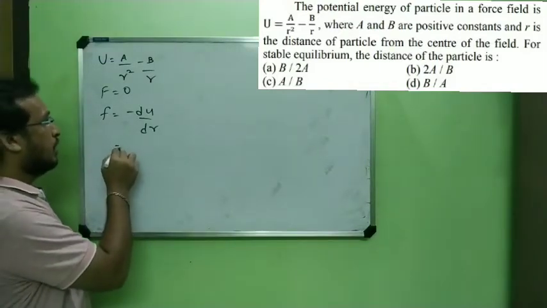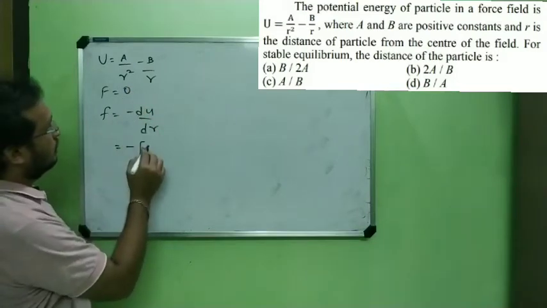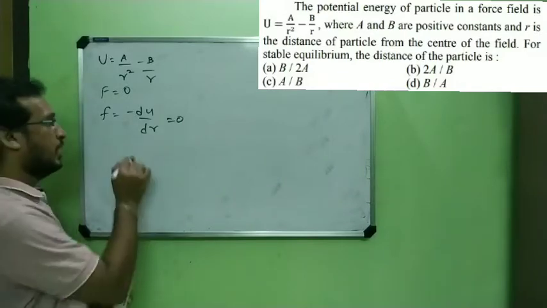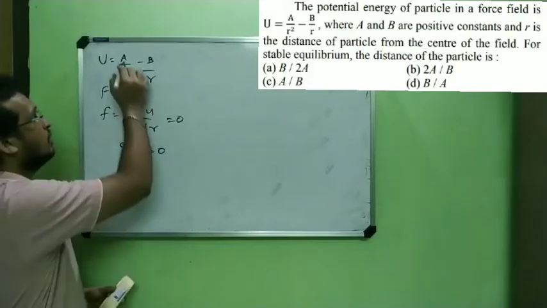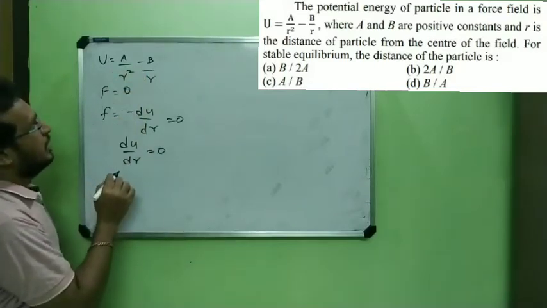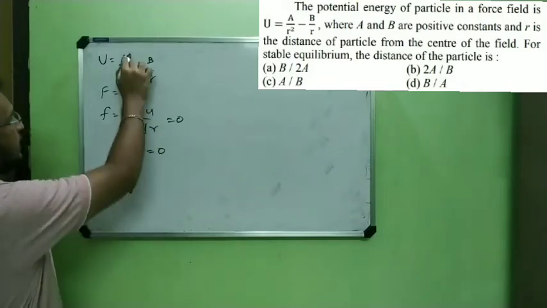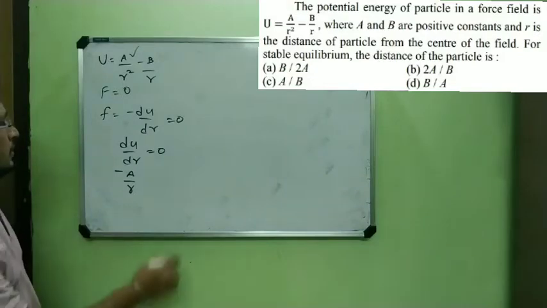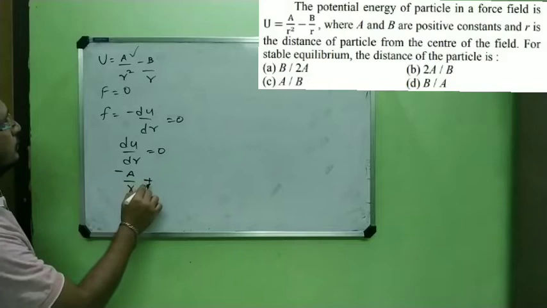So minus, what is dU by dr? If you substitute, force will be equal to 0. F equal to 0 means minus dU by dr equal to 0, or dU by dr equal to 0. Differentiate A by r square, you will get, is it r or r cube?